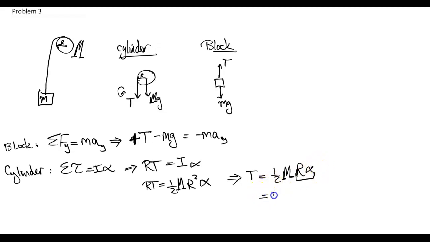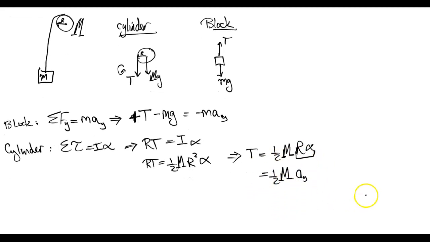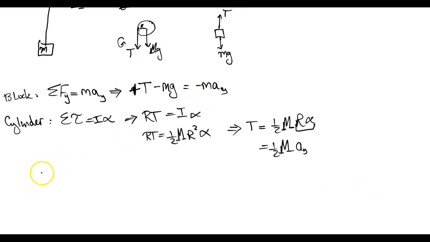So the tension is 1/2 big M a y. So now we have T, which is 1/2 big M a y, minus little m g equals minus little m a y.